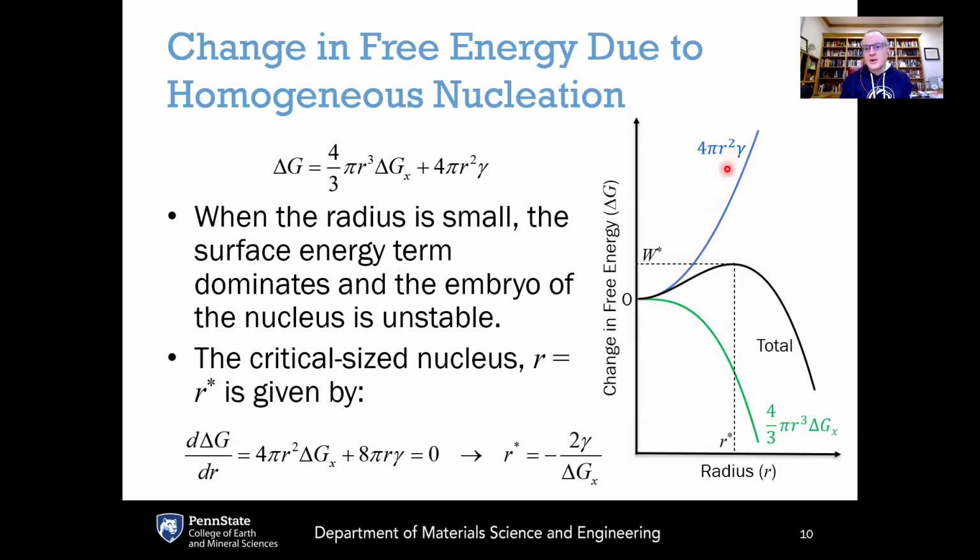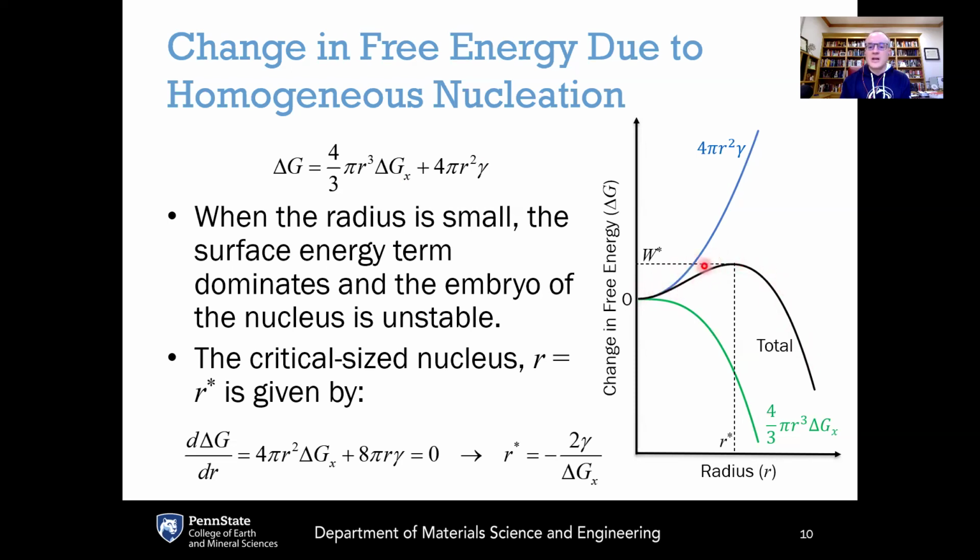And because we've got an r squared term and an r cubed term operating in opposite directions, when we add them together, we get this shape of the black curve, where at small values of r, so for very small nuclei, the surface energy term is dominant. And so this black curve is dominated by the surface energy curve for these small values of r. And it's not until we get to large values of r that the volumetric term becomes dominant.